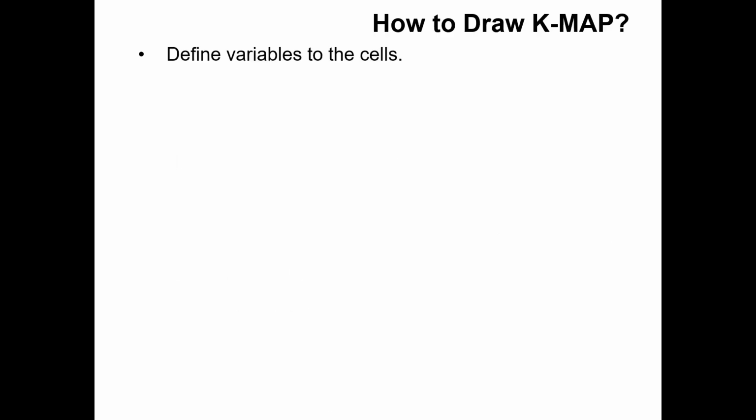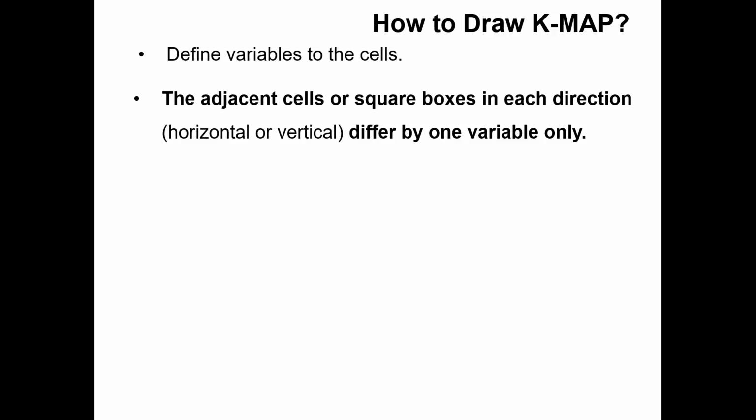Define variables to the cells or boxes. Care must be taken while defining the variables. The adjacent cells or square boxes in each direction, horizontal or vertical, differ by one variable only.